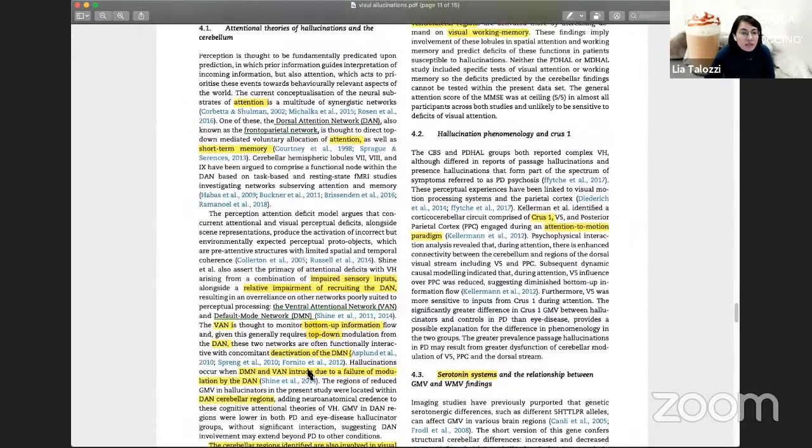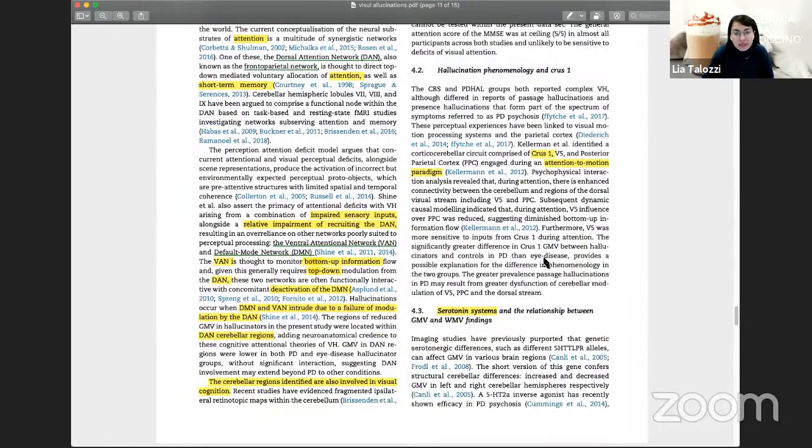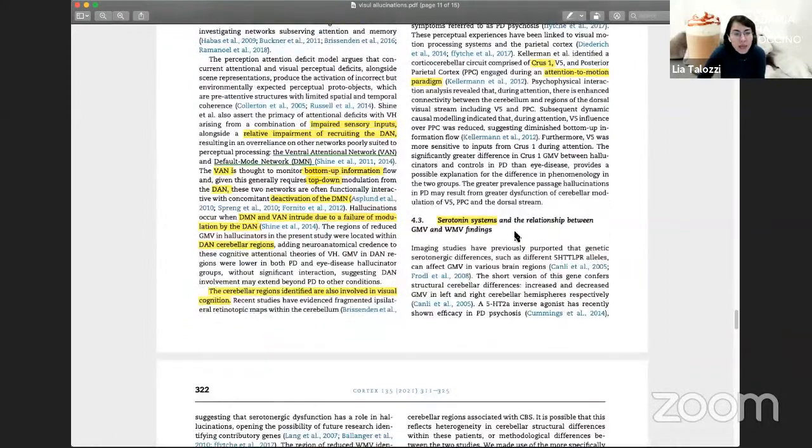And actually there are studies supporting these hypotheses, and also it seems that the crus one can be related to this attention to motion paradigm. And so this is maybe the reason why it was more present in the Parkinson group, supporting this different mechanism that drives hallucination in the two patient groups.